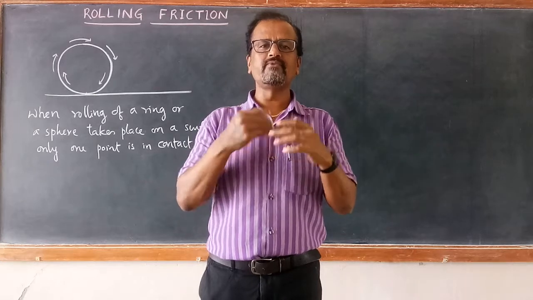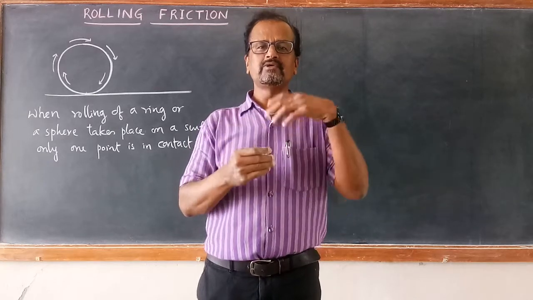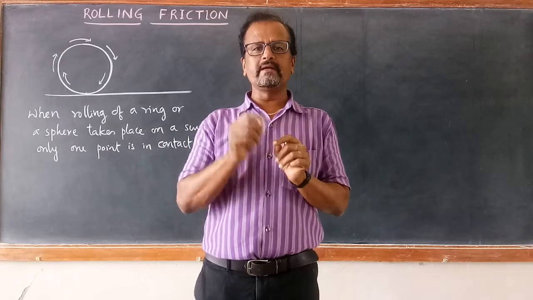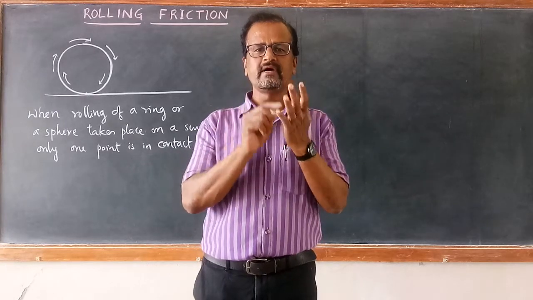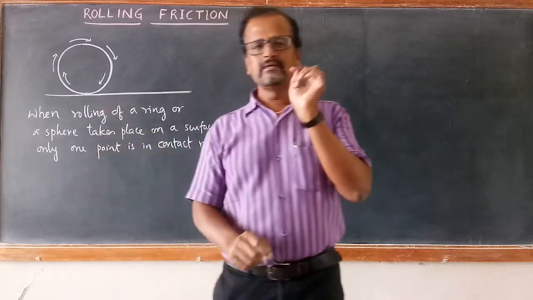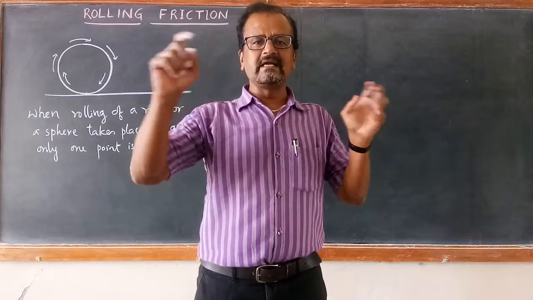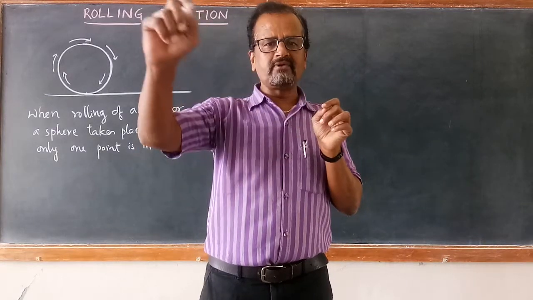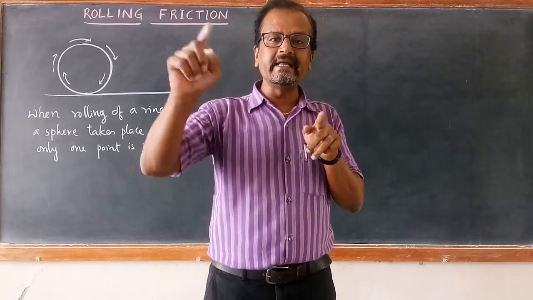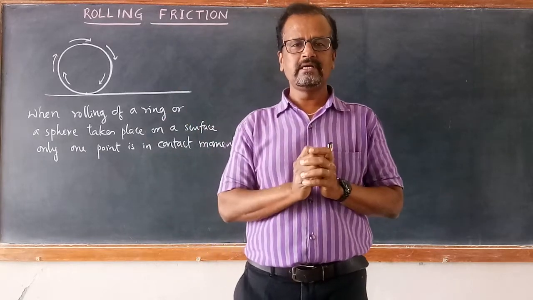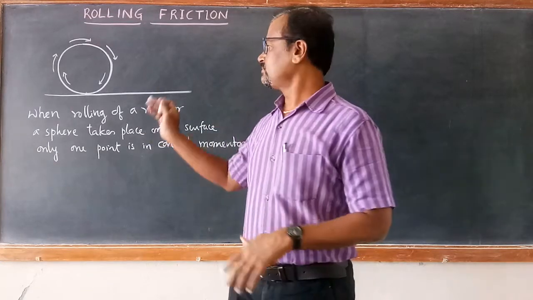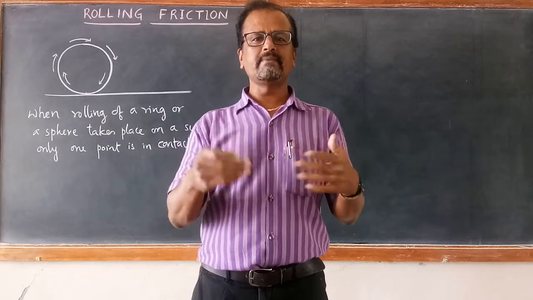When rolling of wheels, ring, sphere or cylinder takes place, practically speaking, only a single point in case of ring or sphere is in contact momentarily. If it is a cylindrical body, only one single line is in contact with the surface. Therefore, the rolling friction is going to be minimum in case of bodies which are capable of rolling.